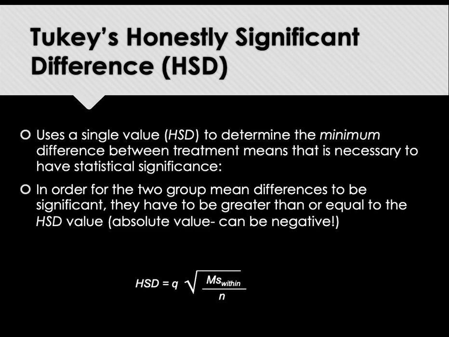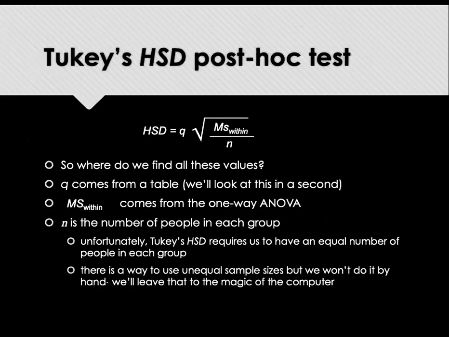And you get a number. And in order for the 2 group mean differences to be significant, they have to be greater than or equal to that number. Okay, and it is absolute value, so it can be negative. So again, this might make a little more sense when we look at a concrete example. But this is really cool, right? Tukey has come up with something really useful.